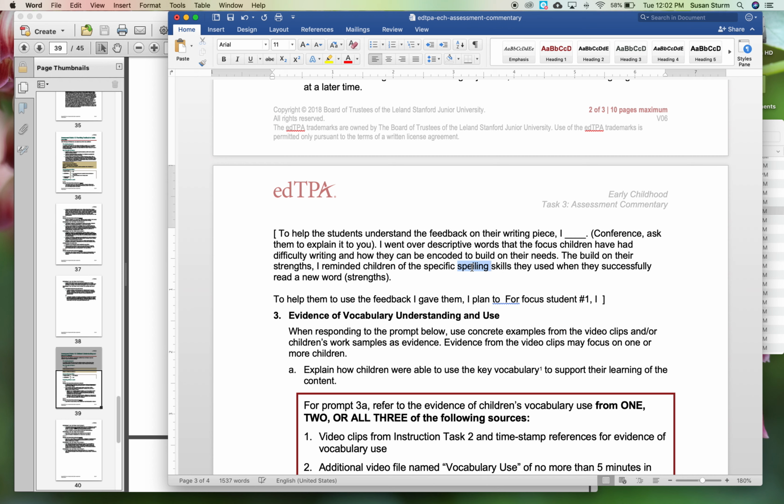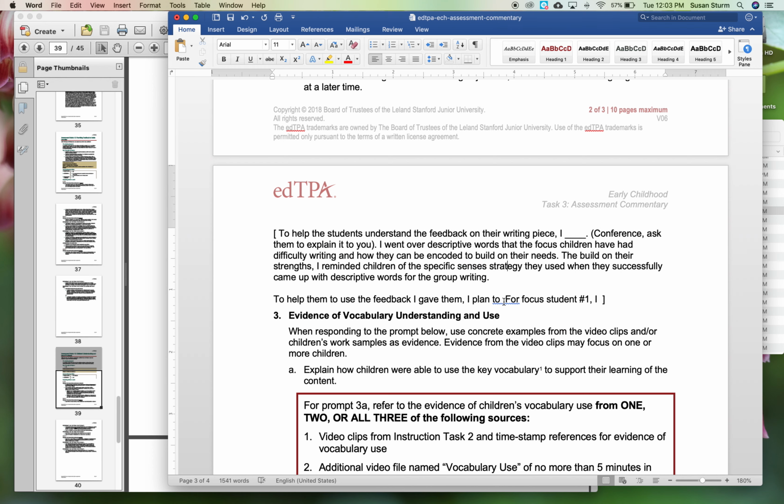I reminded children of, so this would be maybe like the specific senses strategy they used when they successfully came up with descriptive words for the group writing, something like that. So that's helping them to remember so that they can then apply that in their understanding of the feedback. So reminding them, oh, you have a strategy for this, don't forget that.